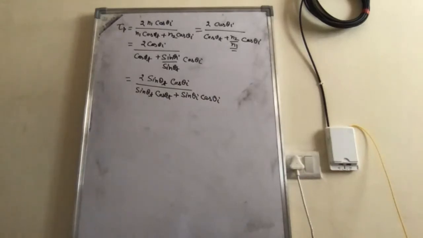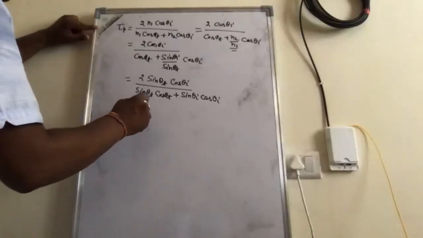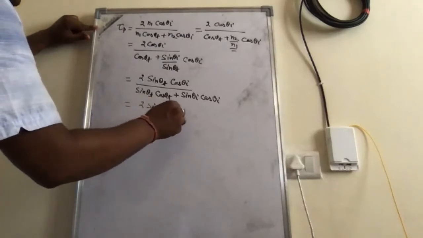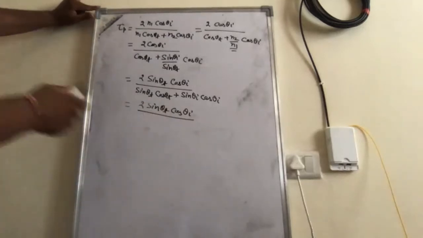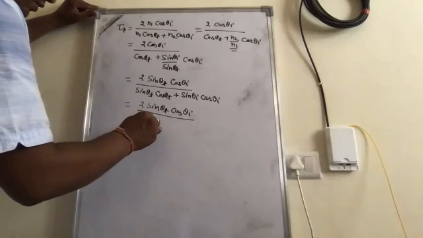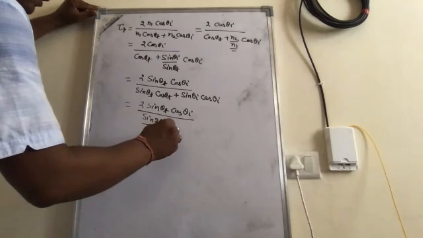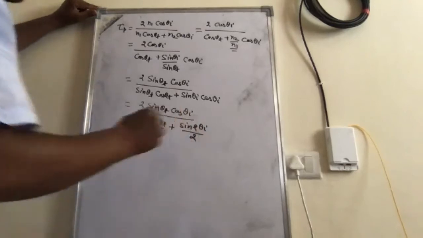And further, this can be written in terms of sin 2 theta. So this is equal to 2 sin theta t cos theta i, and this is equal to sin 2 theta t divided by 2 plus sin 2 theta i divided by 2.